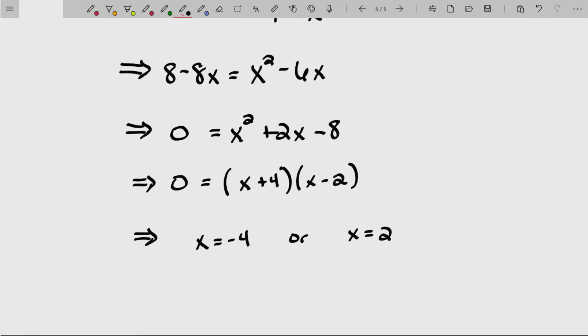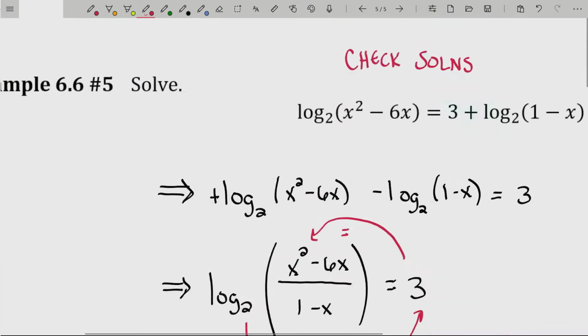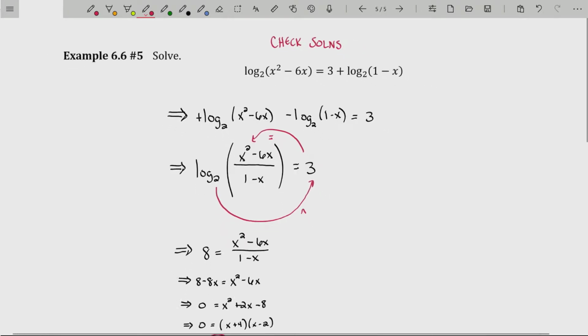Again, because this was a logarithmic equation, you will have to check both of these. So I'll start with the negative 4. Not that that one automatically gets thrown out, but it's probably a good idea to check it. Not just a good idea, it's required. So again, we're checking negative 4.